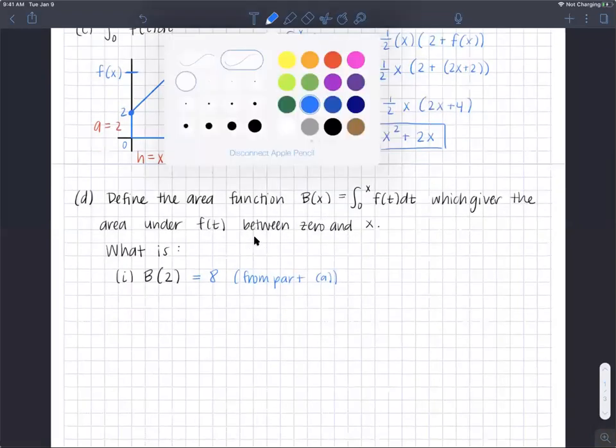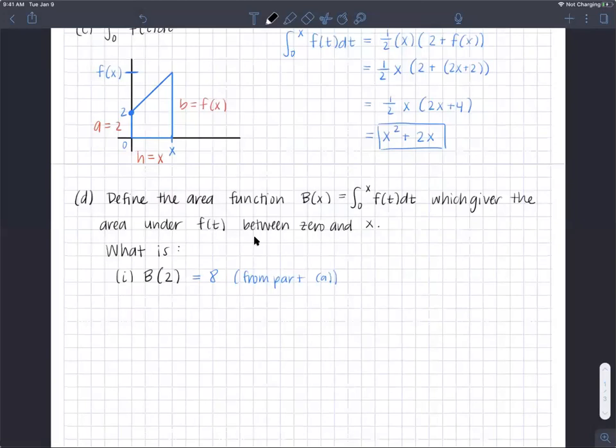And so let's do that. So the second part here, let's find the area from 0 to 6 without drawing out the picture now. So when we do from 0 to 6, this is going to be the integral from 0 to 6 of f of t dt. But that was equal to x squared plus 2x, so you're just going to get 6 squared plus 2 times 6.